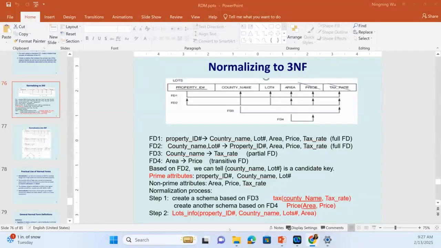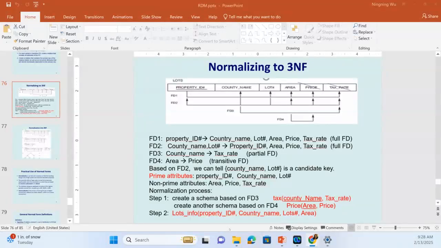So as long as each attribute in the schema is atomic, then we consider that relation schema is in first normal form, or 1NF. Then regarding the 2NF and the 3NF, we have to consider the key information of that schema along with all functional dependencies defined on that schema.